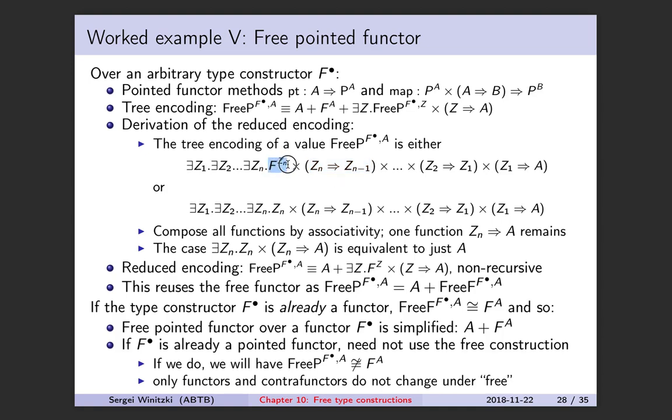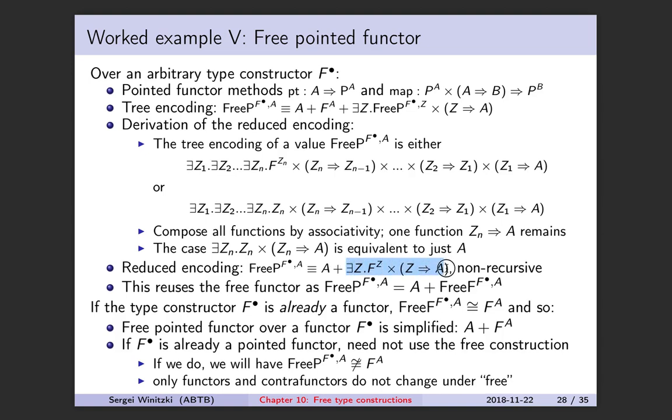And if we just have this, we put the identity function in there, as we did before. Therefore, the reduced encoding has only two cases. One is a pure value, and the second is this, the wrapped constructor times a function. And it's not recursive, so that's very nice.